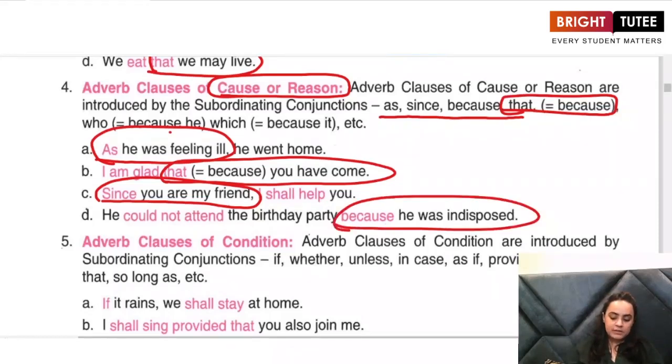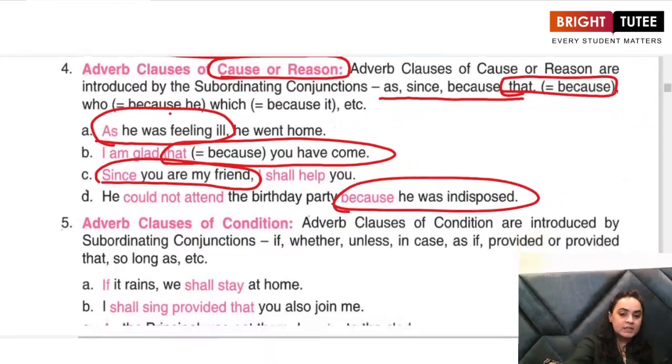Because he was indisposed. Okay. So those clauses which tell us the cause or the reason behind some action are known as adverb clauses of cause or reason, and they begin with subordinating conjunctions such as since, because.